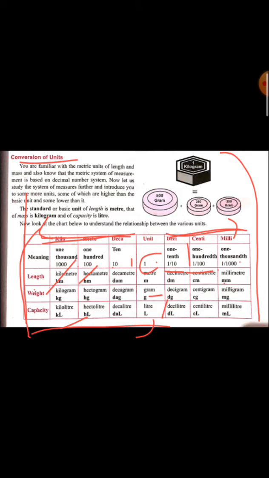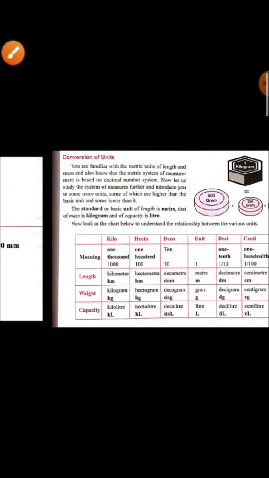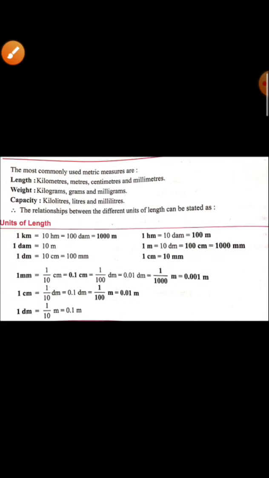If you remember this table, you can easily solve this exercise. Mostly in measurement we use kilometer, meter, centimeter for length, kilogram, gram, and milligram for mass, and kiloliter, liter, and milliliter for capacity.